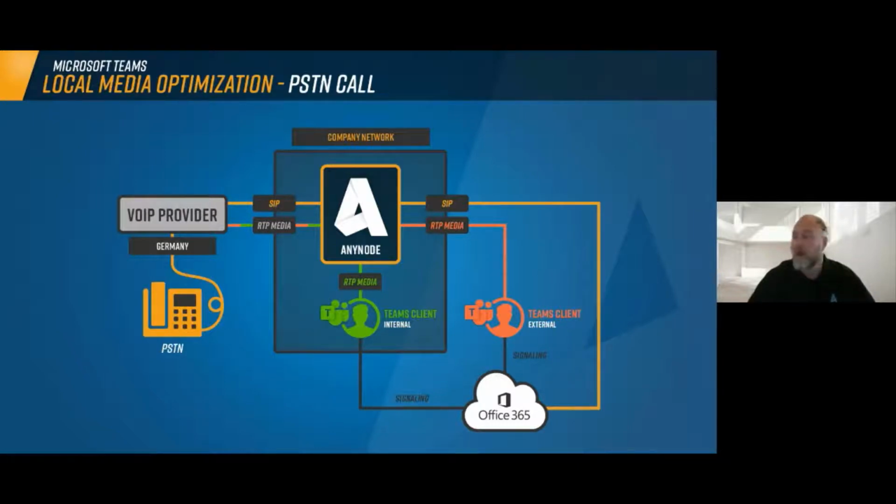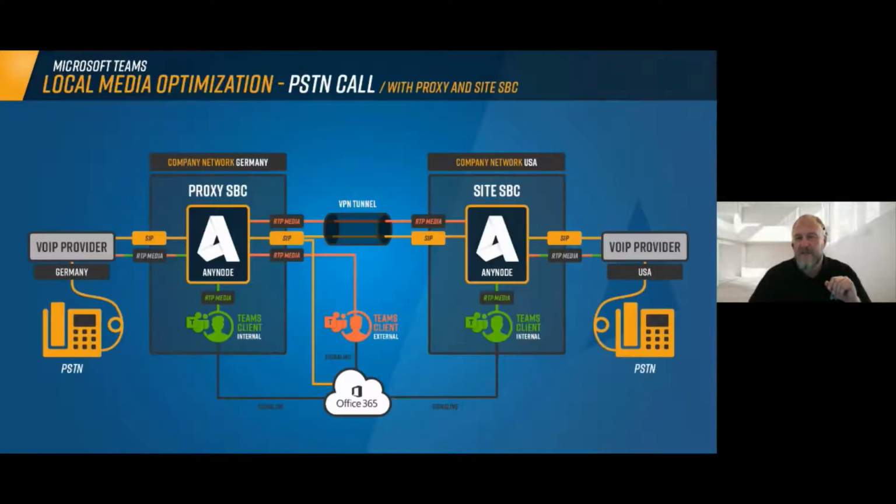But obviously that is only a really simple scenario, and the local media optimization is only coming to its full potential when you're having more complex scenarios like the one shown right now, where you have at least two geographically separate locations.